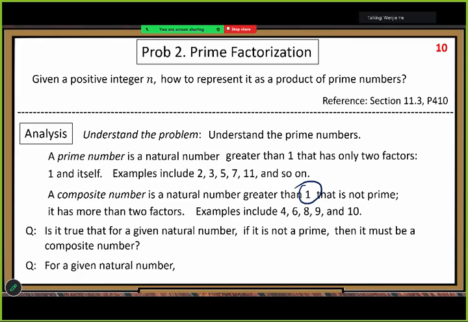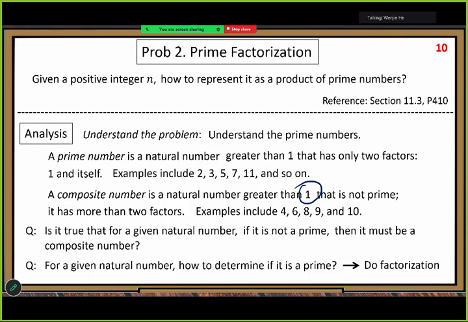For a given natural number, how to determine if it is a prime? That's our key question, because given an arbitrary number, we want to check if it is a prime or not. That's a basic question in number theory. We need to do factorization.